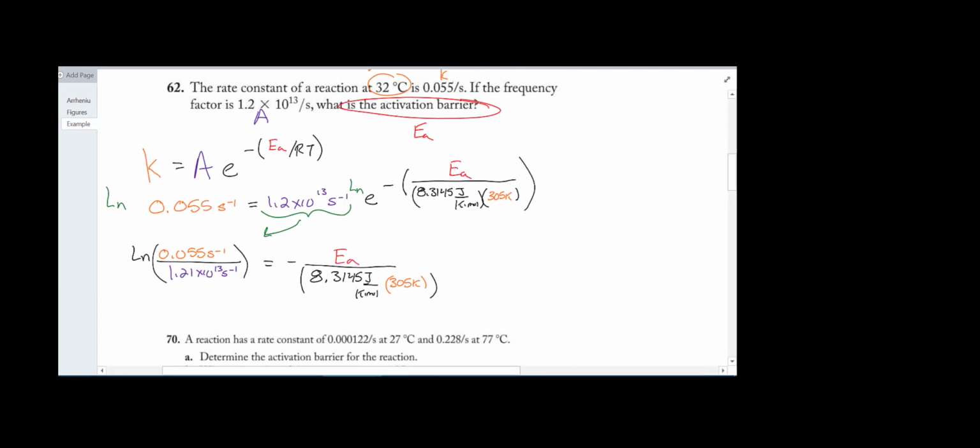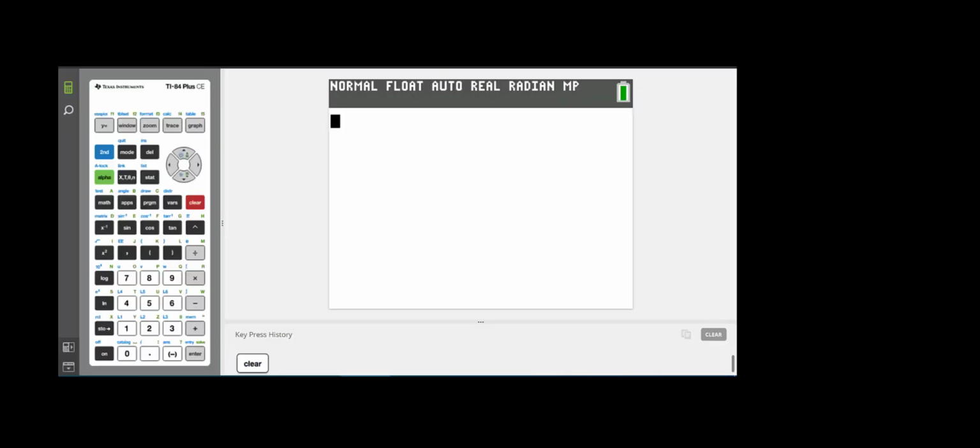So we can do the natural log and then times everything by the negative 8.3145 and 305. So what will that look like? It looks like the natural log of 0.55 divided by 1.2 times 10 to the 13th times negative 8.3145 times 305.